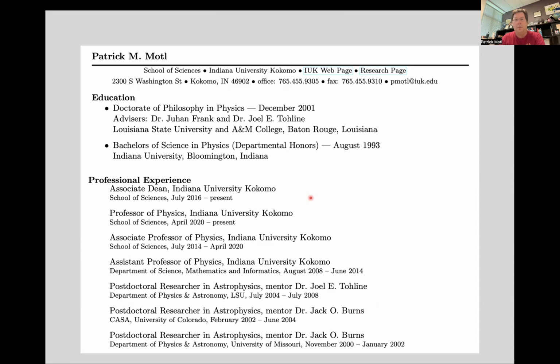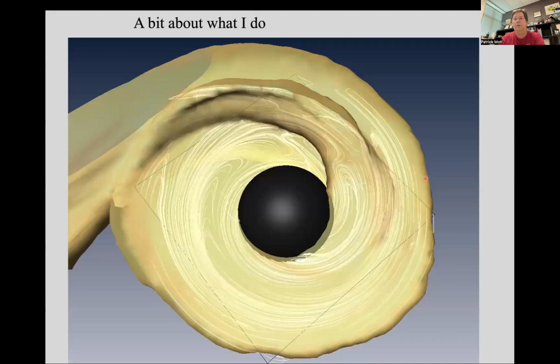A little bit about my research work, what I like to do: numerical simulations in computational astrophysics. I find that a particularly fun thing to do because there are a lot of interesting things that you can study, interesting things that happen that don't fit well into human size scales or time scales.